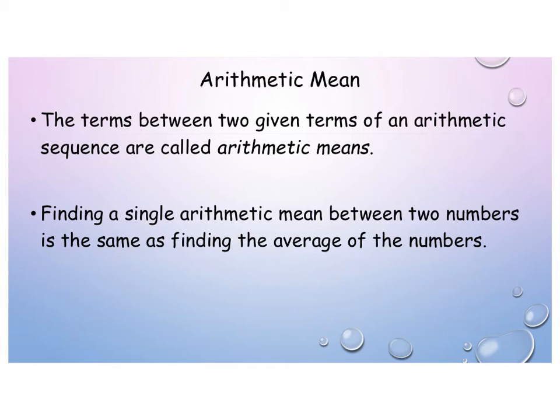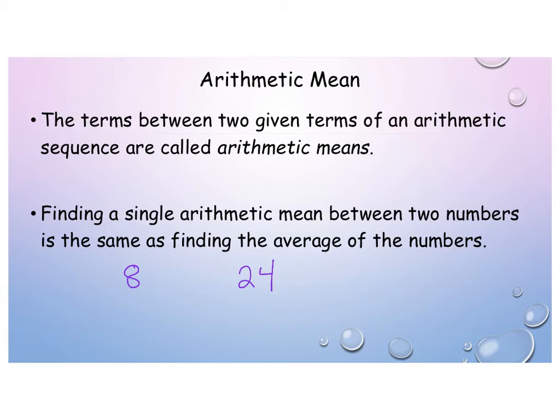Okay, but finding more than one mean. So if I have two numbers, let's say I tell you I have 8 and 24, and you have to find two arithmetic means.